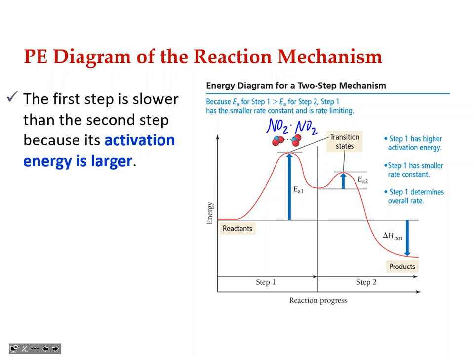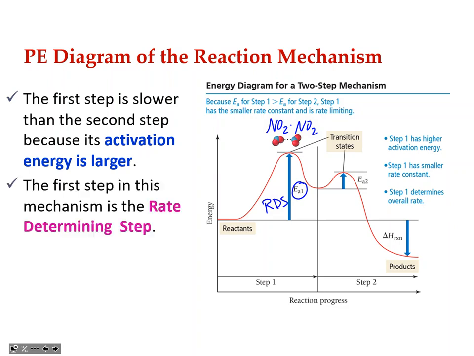The first step is slower than the second step because the activation energy is higher. So you see it has two hills now, because the mechanism has two different transition states, two different steps to it. But we know that this is the rate determining step because its activation energy is higher. It's larger, and it's the slow step.